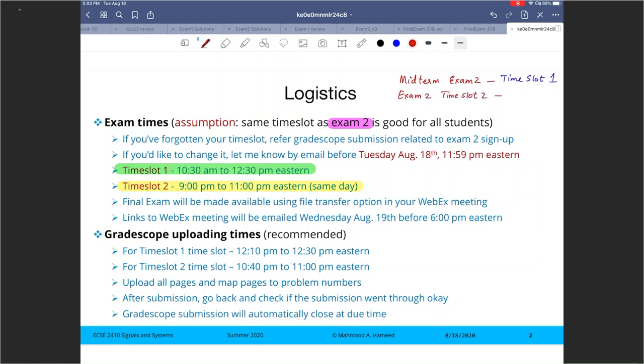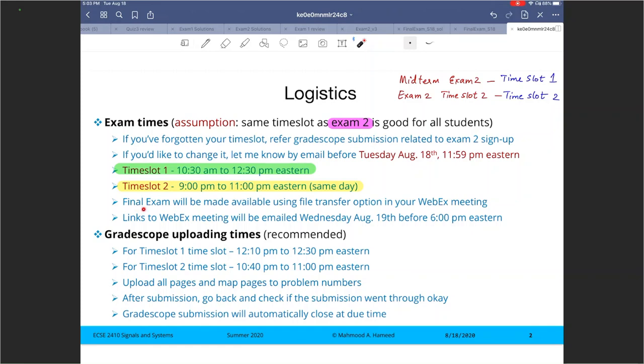That was obviously for time slot 2. So you can go ahead and check where you submitted your work, where you got it graded, and that's how you can quickly refer to which time slot you would be getting. Now I'm going to be talking more about when I'll send those links to you in just a minute.